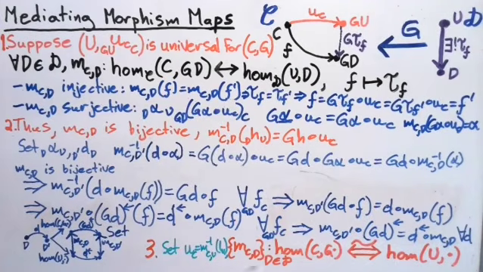So if we start with the fact that there's an MCD, which is a natural isomorphism between these two hom functors, and we define UC to be the inverse of MCU of 1U, then this logic actually just runs in reverse. So we start with this general expression for all D, right?